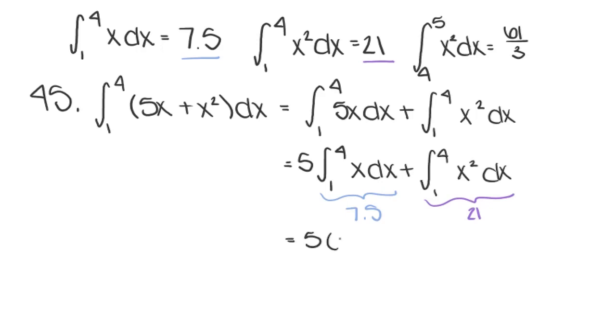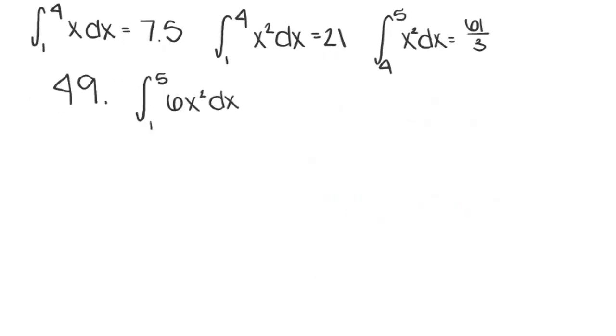So we get 5 times 7.5 plus 21, and that gives us 58.5. So we were able to evaluate this integral right here without really doing anything with it, just by using this information we were given up here. That's just a really nice handy skill to use.